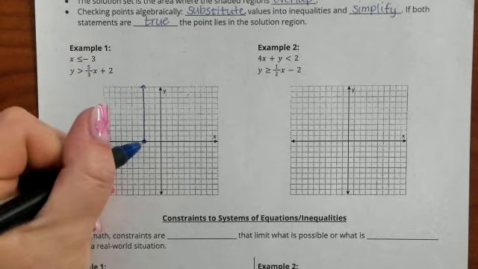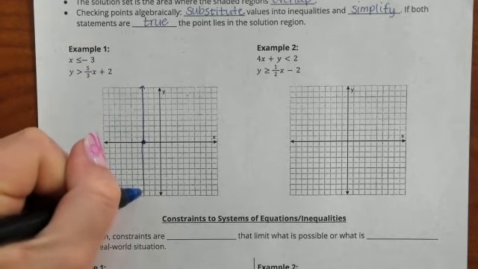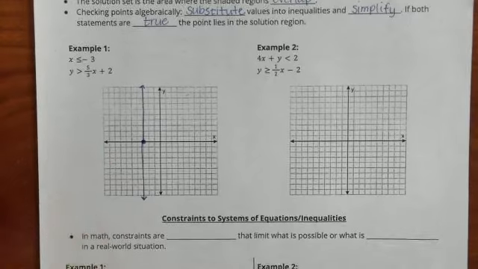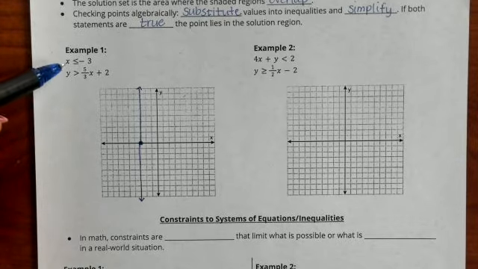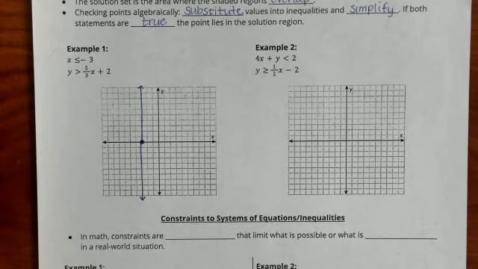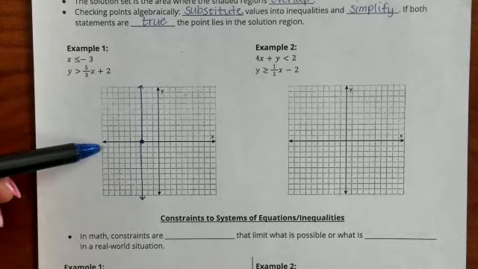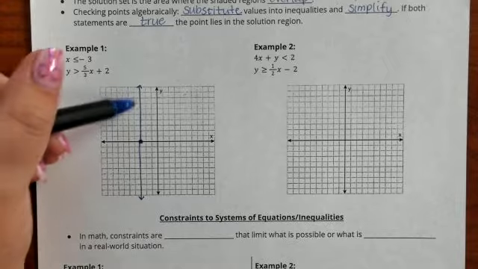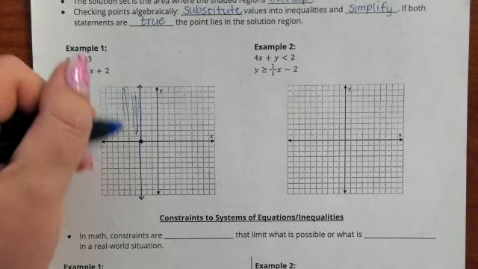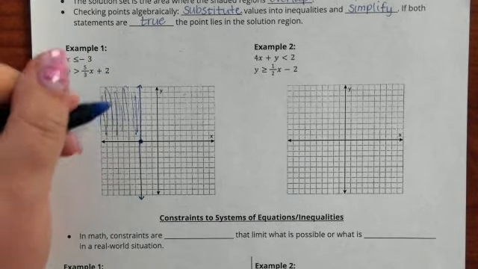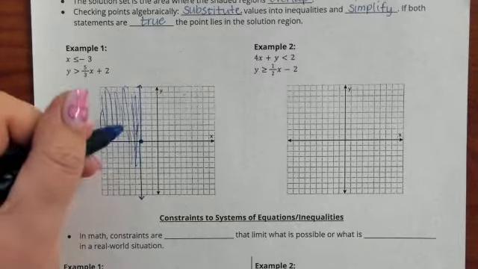And again, this is when x is -3, so that means I need all of my x's to be -3. And then it says x is less than or equal to -3, so I want all the numbers less, and less is to the left. So we're going to shade in this region, everything to the left side of our line.